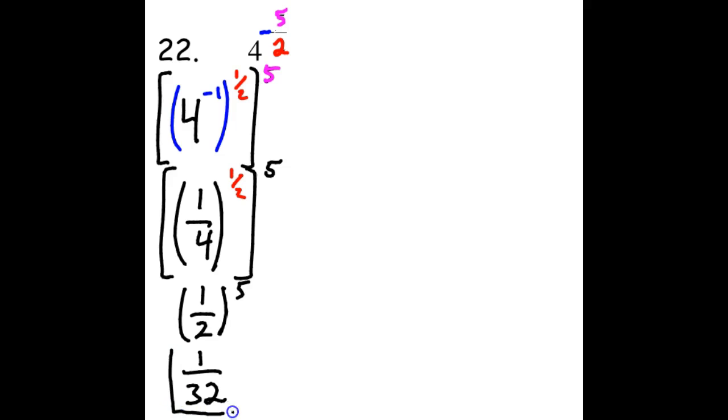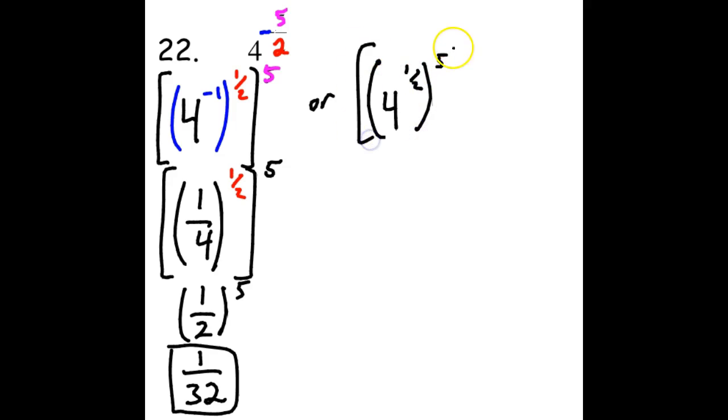Now let's say you're not liking these fractions. So the fraction part comes from the negative exponent. So you could rewrite this and do the 1/2 first. Then do the 5th power, and then do the negative 1 at the end. So you see the order is not necessarily locked in place.